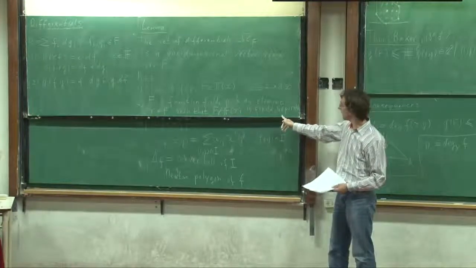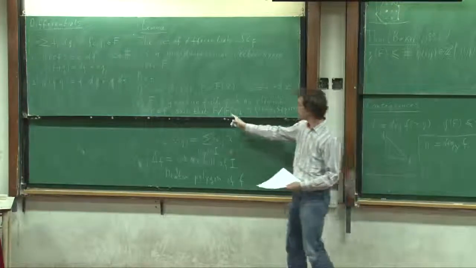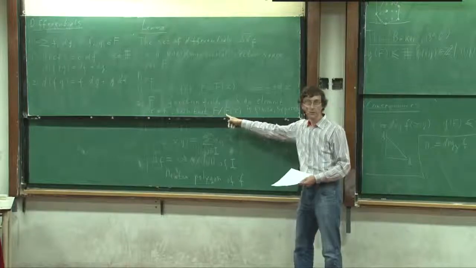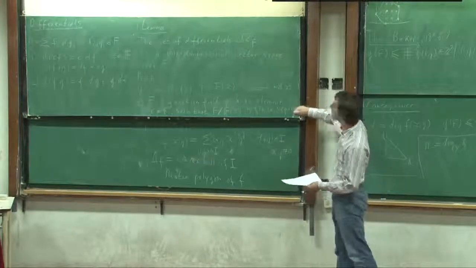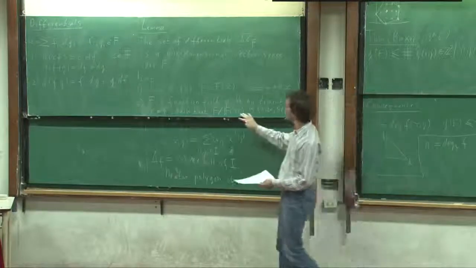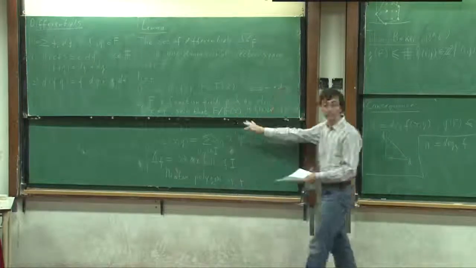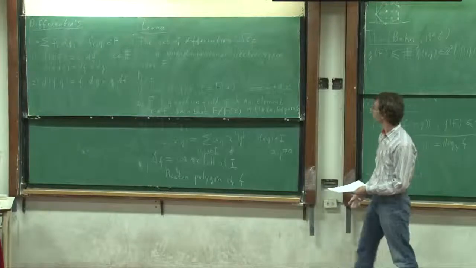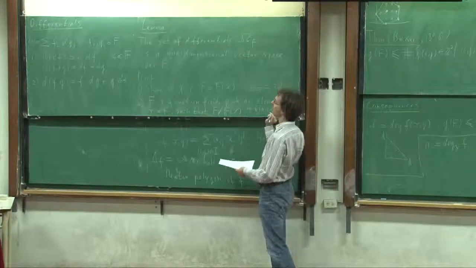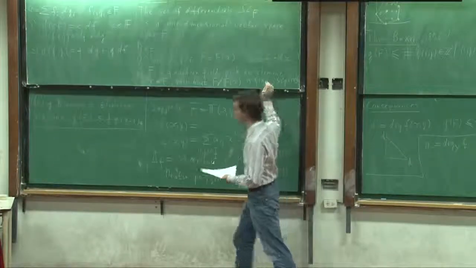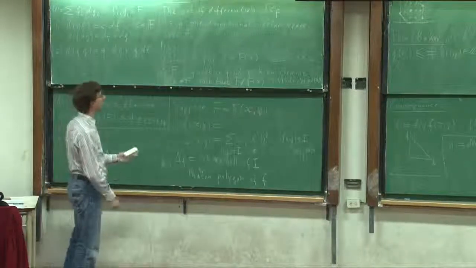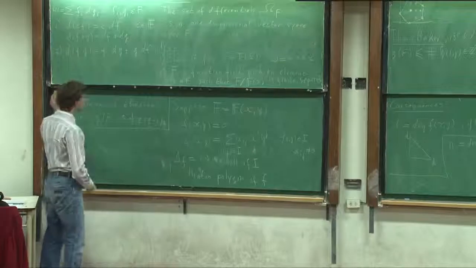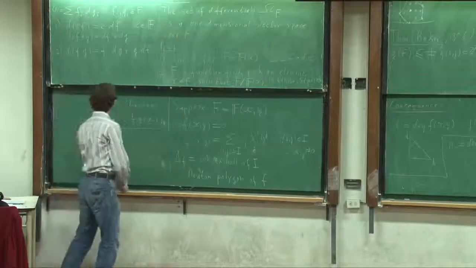So here I need the assumption I made yesterday that this is a perfect field. Otherwise, there are counterexamples. This is also the reason that if you want a more general theory, these other differentials are better suited. But for the case that we were looking at, these perfect constant fields, this works. And then how do you continue?